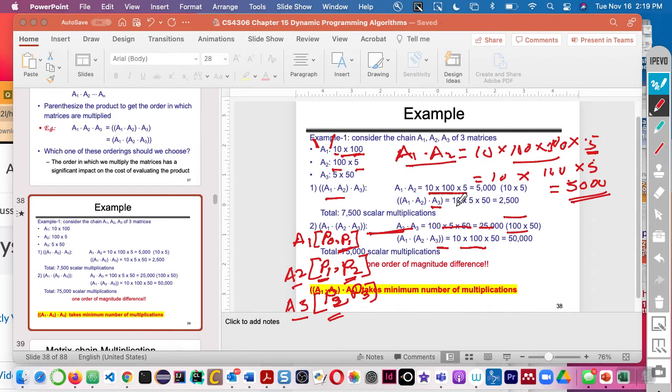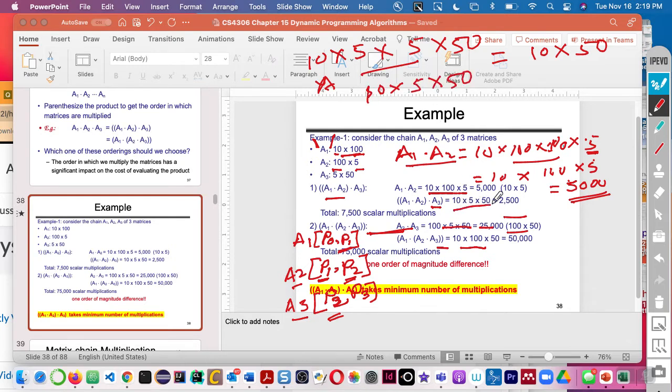And when the 10 by 5 matrix is multiplied with A3, which is 5 by 50, the resultant matrix will be 10 by 50, but the multiplication needed is 10 times 5 times 50, which equals 2500.